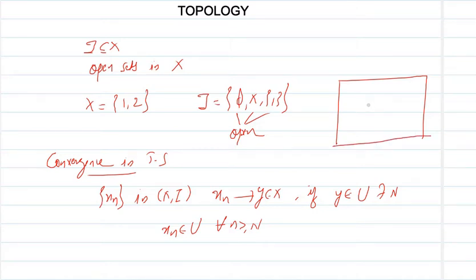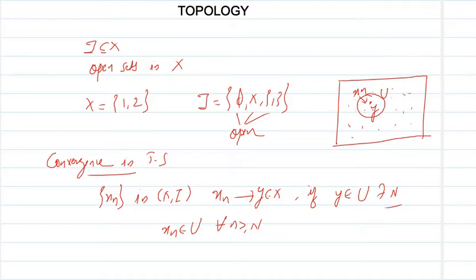That means if you have a space (X, tau) and let this be the point y, and there are so many terms of the sequence in this topological space, then a sequence xn converges to this point y if for every open set U containing y, xn belongs to U for all n greater than N. Such an N exists.